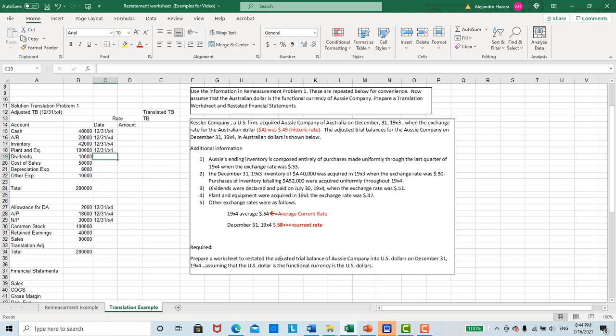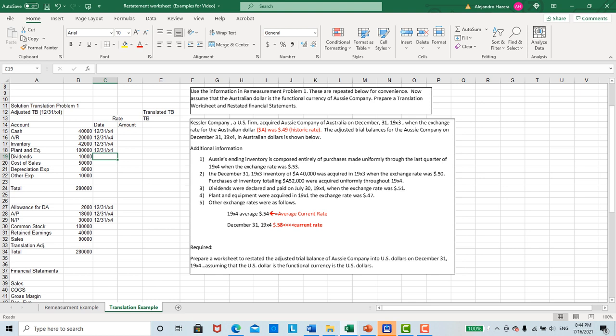Then we come to dividends. Now, dividends is an equity item, and for equity items, we're going to use the historic rate. I did try to mention that we have a 49-cent historic rate when the company was purchased. However, that's not the historic rate for dividends. For historic rates, you have to look at when the transaction took place, when you bought something, or when you paid a dividend. It says, number 3, your dividends were declared and paid on July 30th, 1984, when the exchange rate was 51 cents.